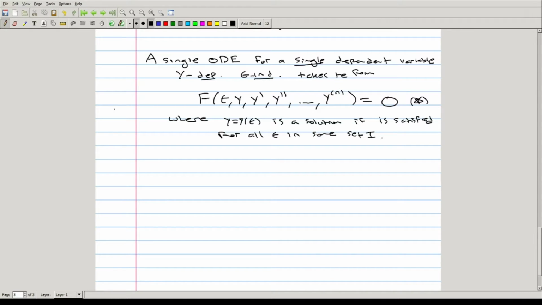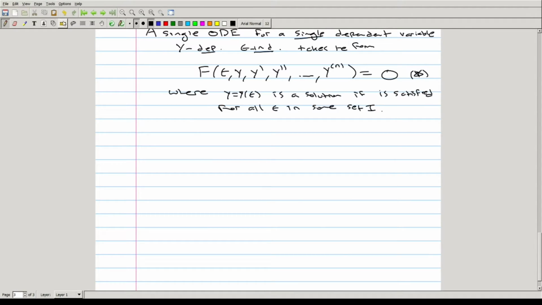Or if you have a very high order single ODE, you can actually rewrite this as a system of first order differential equations to simplify. And this is one of the things that we'll talk about as we move along in the course. But what appears more commonly in applications is a system of ODEs of this form.